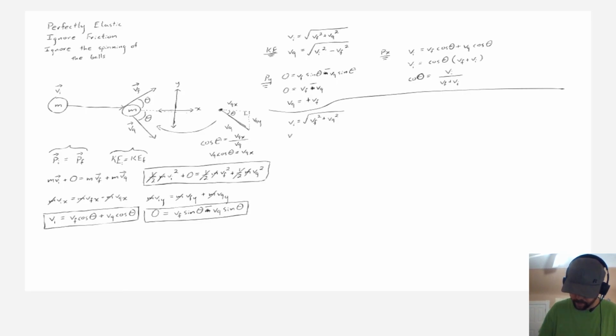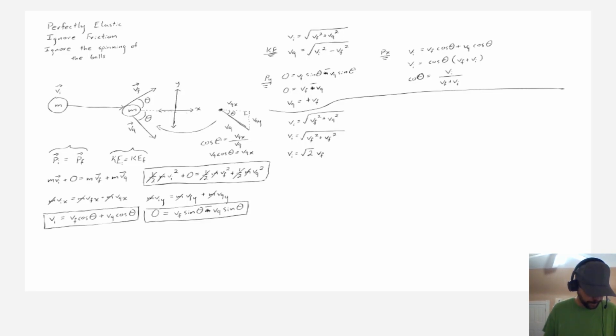So we get velocity initial equals the square root of velocity final squared plus velocity final squared, which is going to be 2 velocity final squared. And when we take the square root, since they're multiplied by each other, we can take the square root of each individually. So velocity initial equals square root of 2 times velocity final. So that's going to be very helpful.